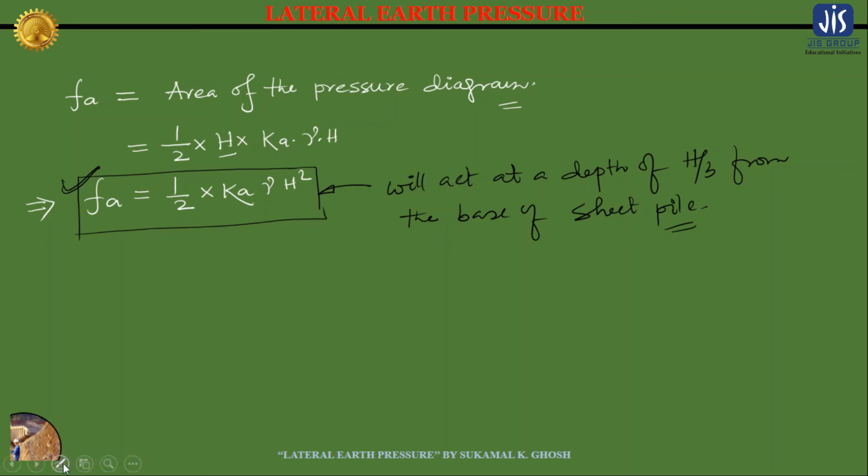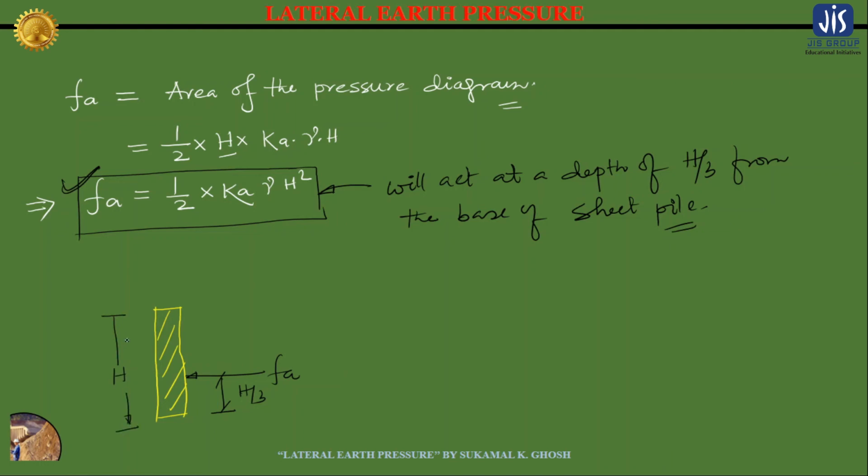See, let me discuss it a bit more elaborately. See, suppose this is the sheet pile. Okay, this is the sheet pile, and this force Fa is acting here at a depth of h by 3 from the base. Okay, this is the full height of the sheet pile.